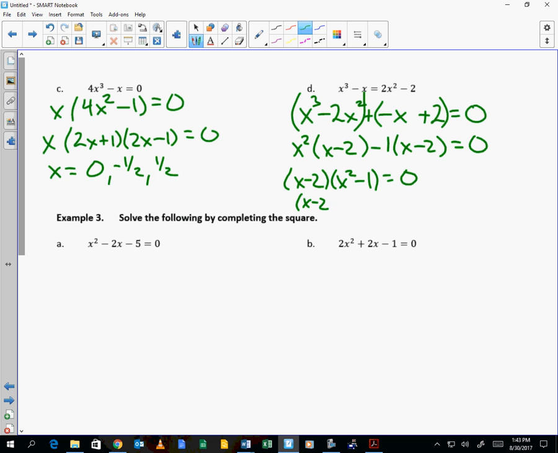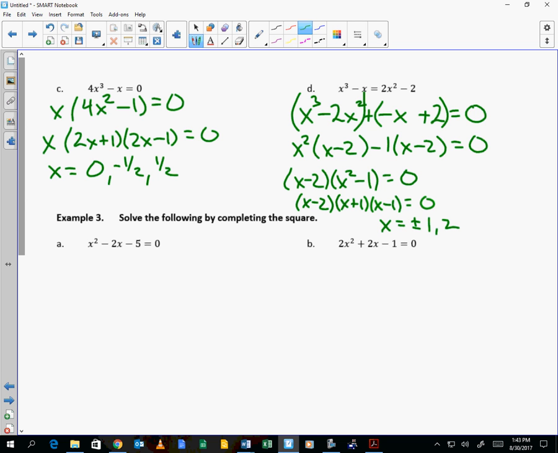And x squared minus 1. Plus or minus 1 and 2. So, easy peasy, right? We've all done this before.